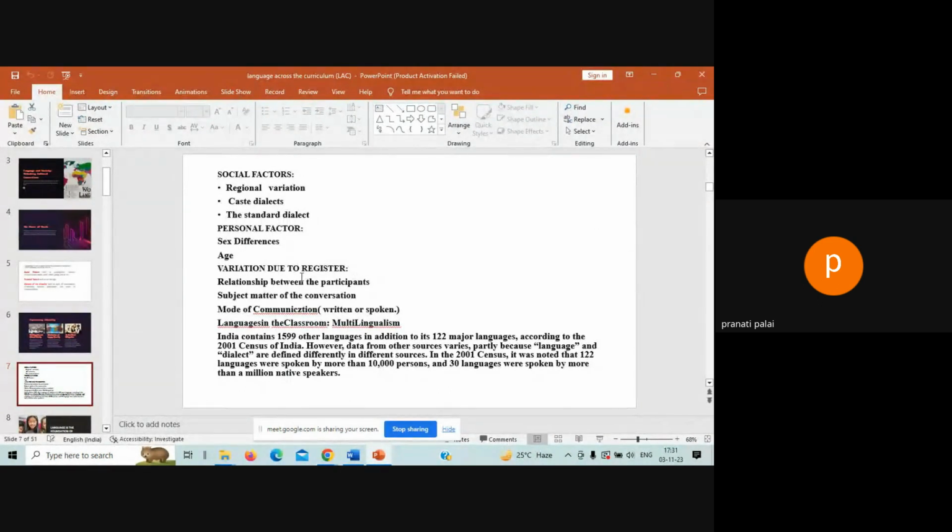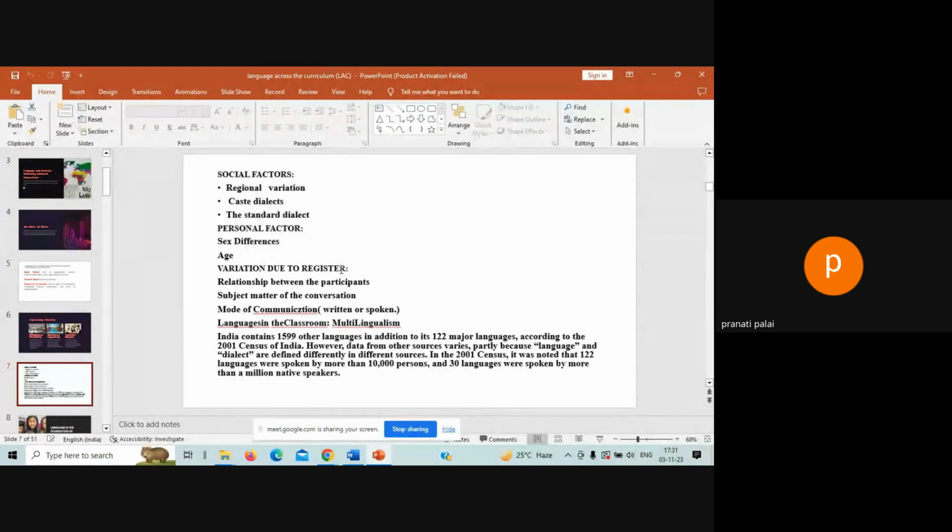Next is your personal factor. We have discussed sex differences and age differences. Variation due to register. So here register is a particular or more formal way.